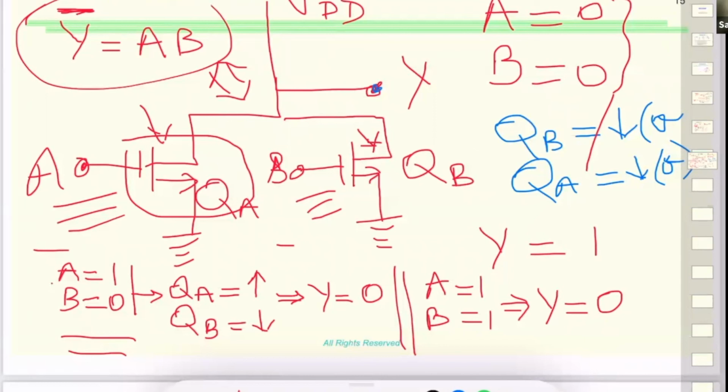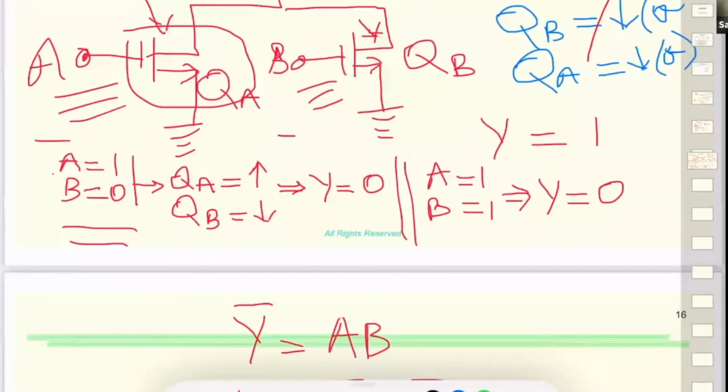Just remember pull down network and pull up network. NMOS we call a pull down transistor or pull down network, and PMOS we call a pull up transistor, or a bunch of them, pull up network.